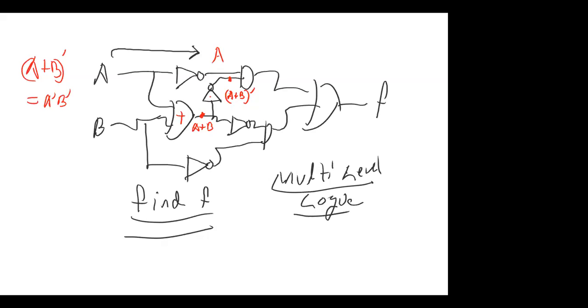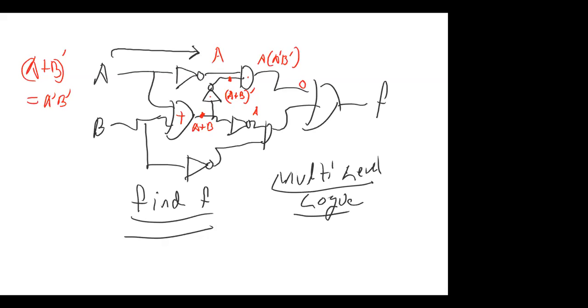So with A prime, B prime, and the AND gate here, I have A times A prime, B prime. What's A times A prime? That's 1 times 0. So the output here is 0.